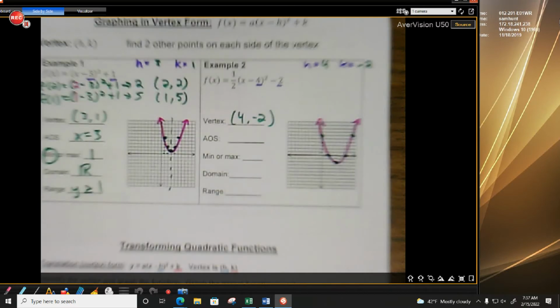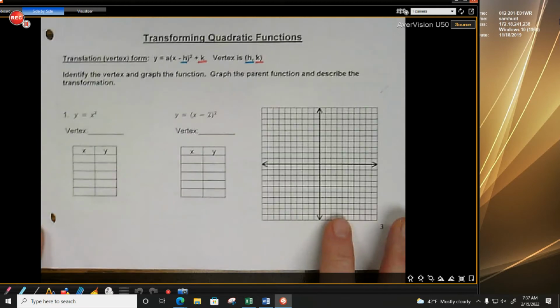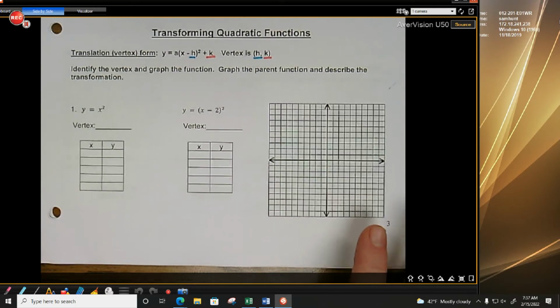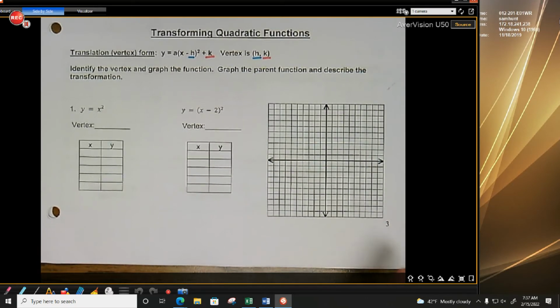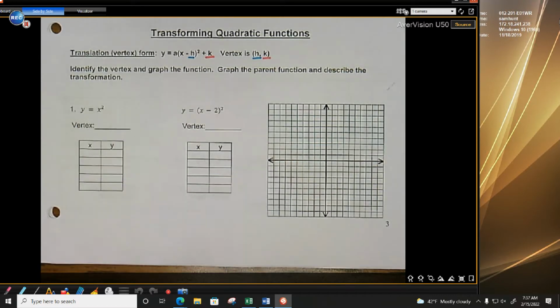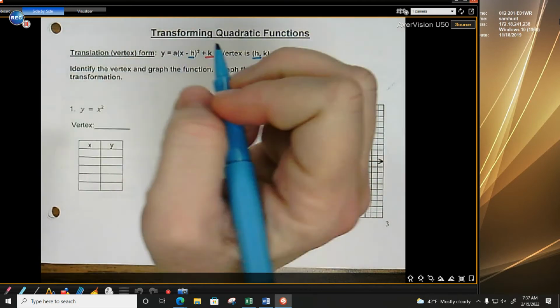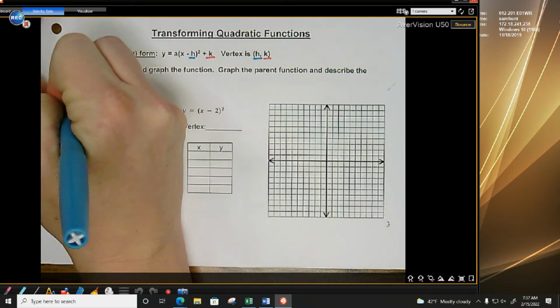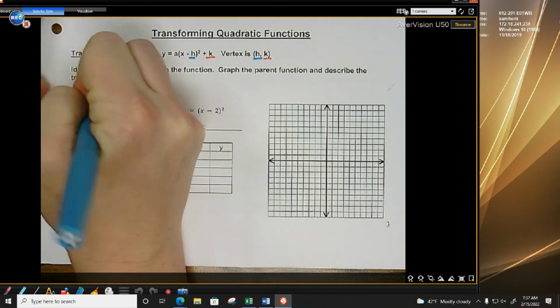Because what's the only thing you have to be a quadratic, guys? An x squared. Okay? So that's why this is the quadratic parent function. I'm going to graph that in blue. Okay, so this is my parent function.